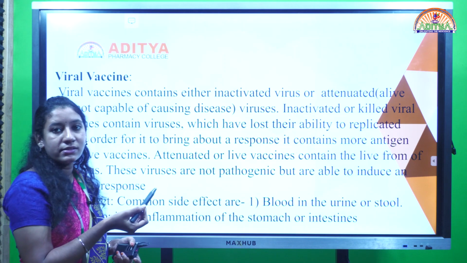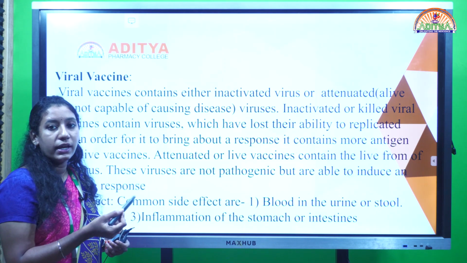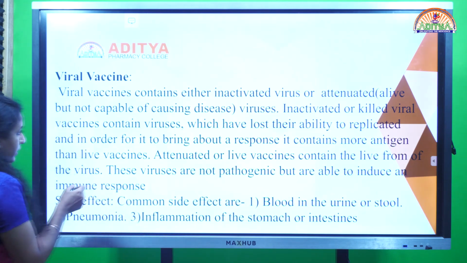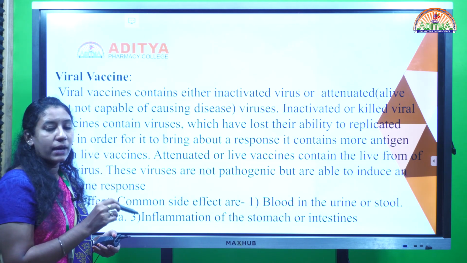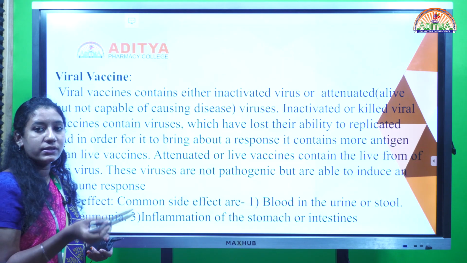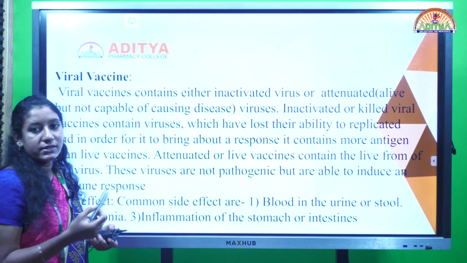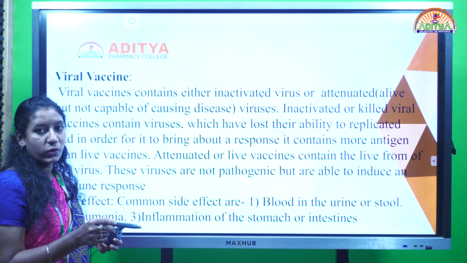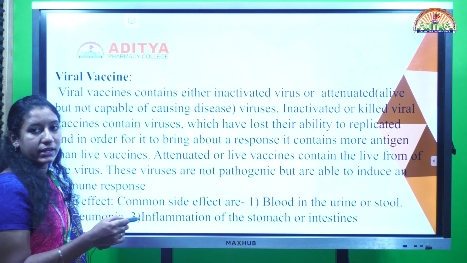Attenuated virus means it is live virus but it can't replicate or produce any kind of pathogenic infections. Whenever this vaccine is administered to humans, the human immune system will produce antibodies towards that particular virus. So whenever the disease is encountered in future, the antibodies are ready in the host body, and they will combat the antigens or any virus.